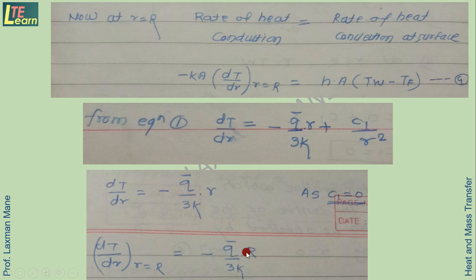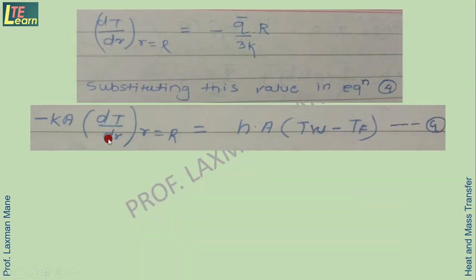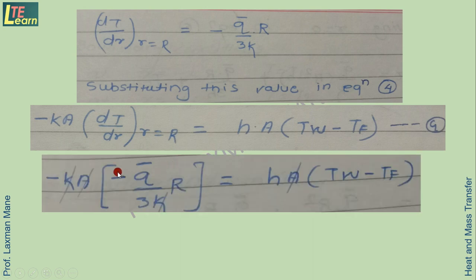Now we use this equation at the place of this dT by dr in equation 4. So equation 4, here we place this dT by dr, here we write q by 3k into R, hA is equal to hA into TW minus TF.